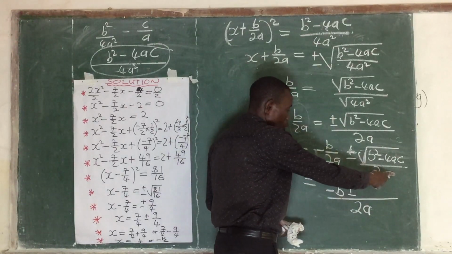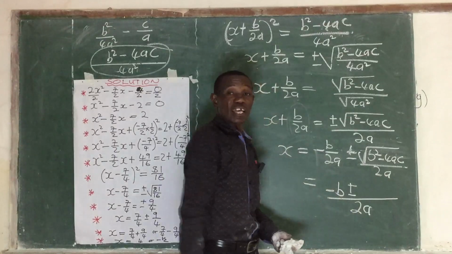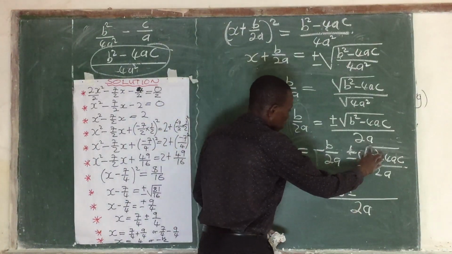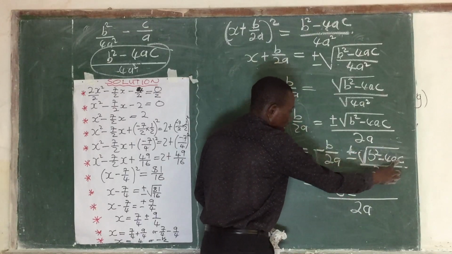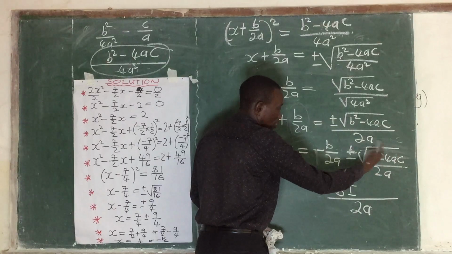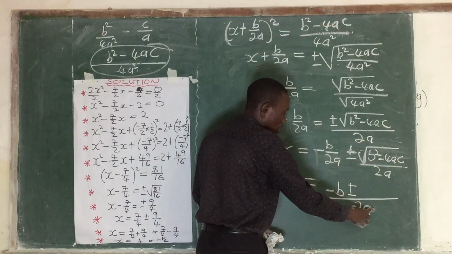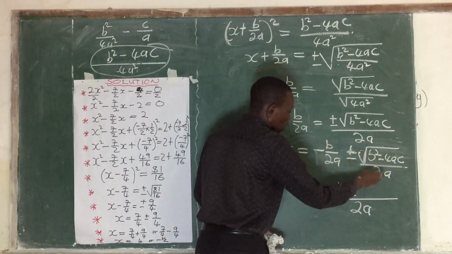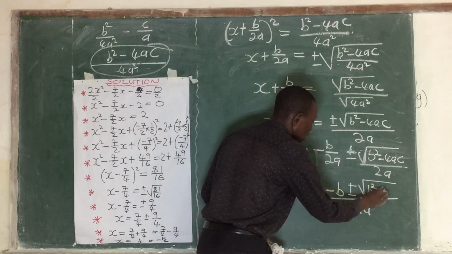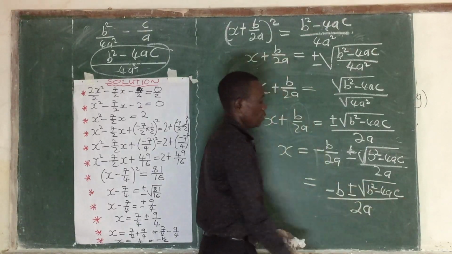So here you have your 2a getting into 2a. The answer is still 1. So that 1 should also be multiplied by the numerator, which in this case is the square root of b squared minus 4ac. And the answer will be the same: 1 times that gives the square root of b squared minus 4ac.